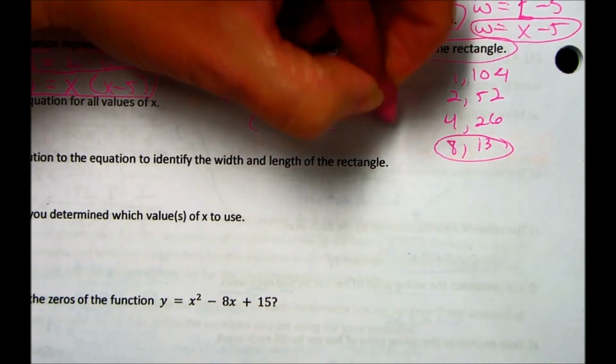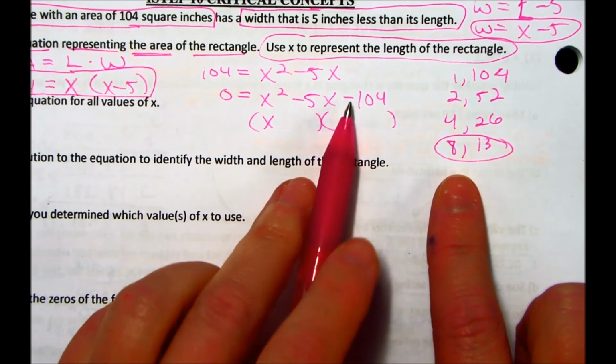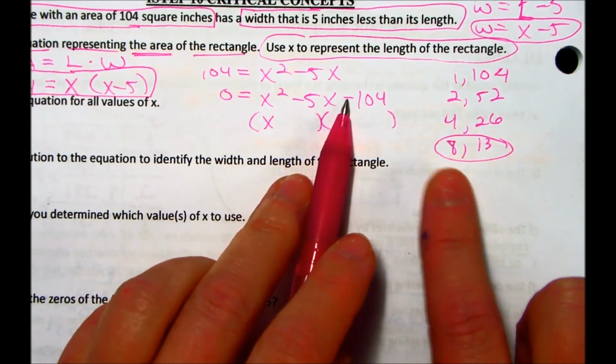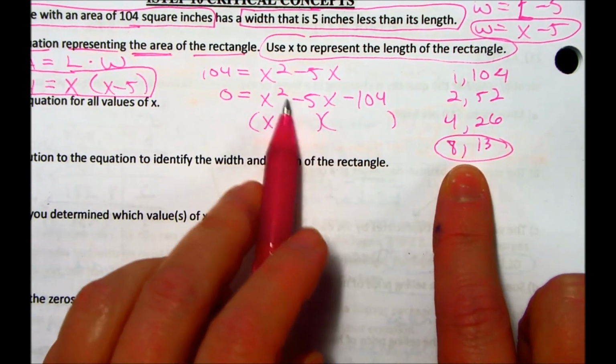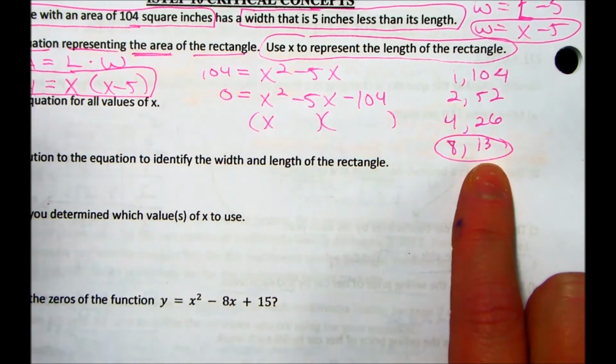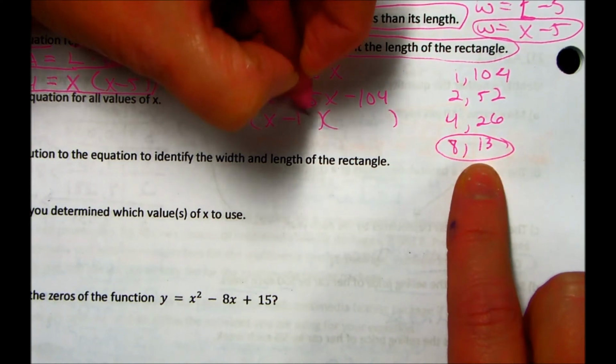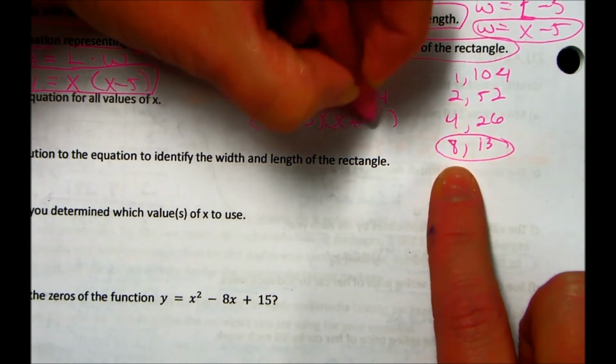So this can be factored into x. And now think about your signs. If we want them to multiply together to equal a negative, the signs have to be different, but your larger one will be negative. The larger number needs to be negative so that it will end up giving us a negative 5 in the middle. So negative 13 and positive 8 will work.